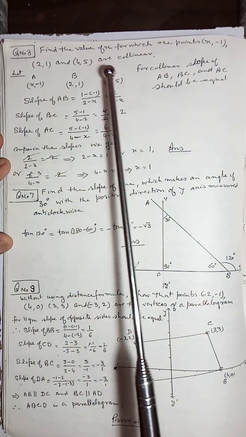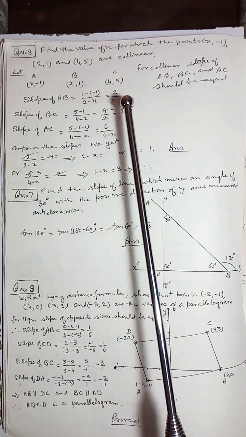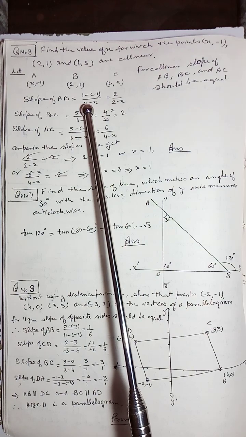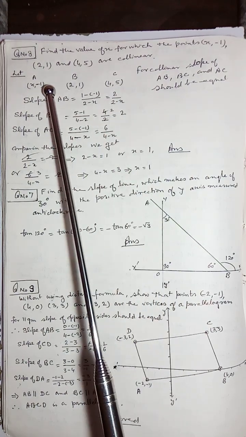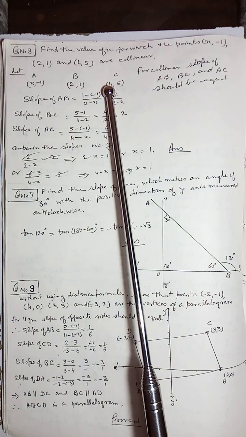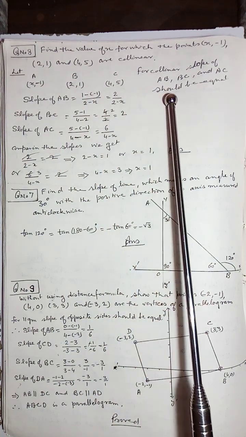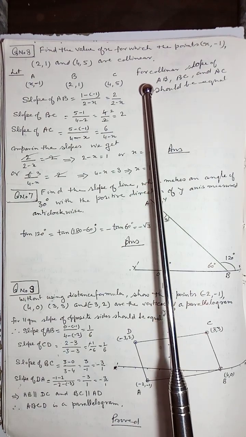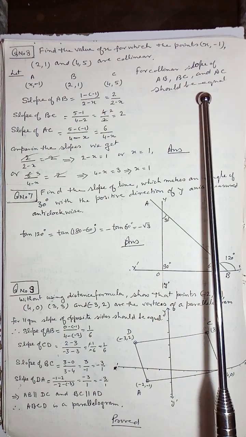BC and AC, all the 3 slopes should be equal, क्योंकि अगर सिंगल लाइन है ये तो slope of AB, BC and AC must be equal. You see, I have written here, for collinear the slope of AB, BC and AC should be equal.